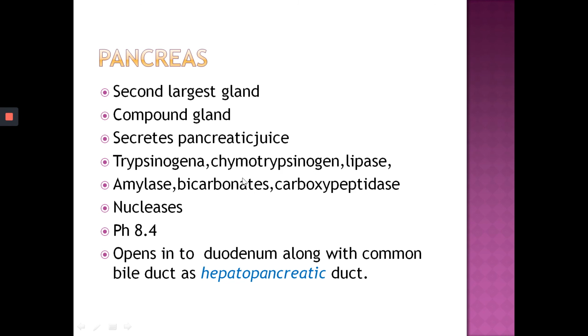Next, carboxypeptidases are also present. Trypsinogen, chymotrypsinogen, and carboxypeptidases act on proteins and digest them. And lipase is present. The other name for pancreatic lipase is steapsin. Lipase acts on the lipids, fats.